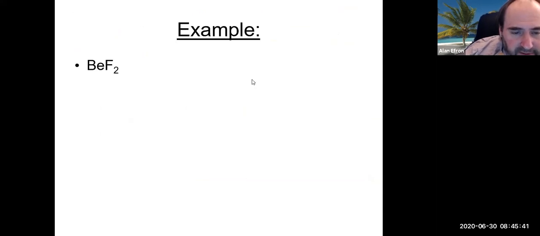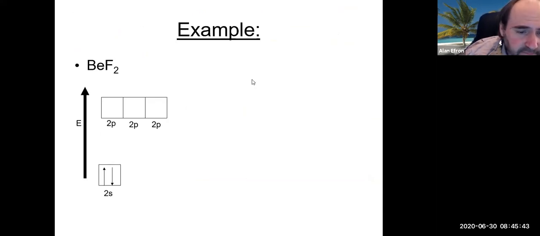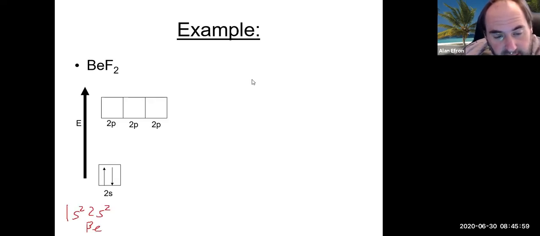So for example, if we look at beryllium fluoride, these are the electrons that we find in beryllium. If you go to beryllium on the periodic table, beryllium is 4, which means its electron configuration is 1s2, 2s2. These 2 electrons here are what we're talking about.